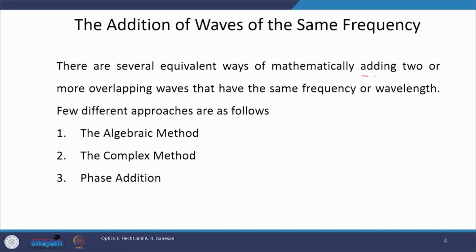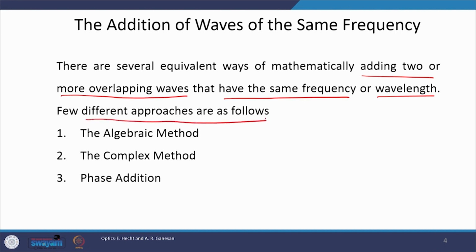We are adding two or more overlapping waves, that is all we need to do to come up with the resultant wave function. And what are the properties of these overlapping waves? They have the same frequency or wavelength, they are propagating in some medium, and they are overlapping in time and space. Now there are different approaches using which we can address this problem.